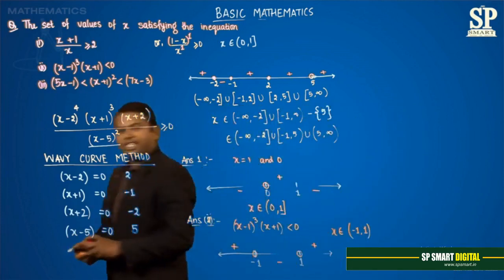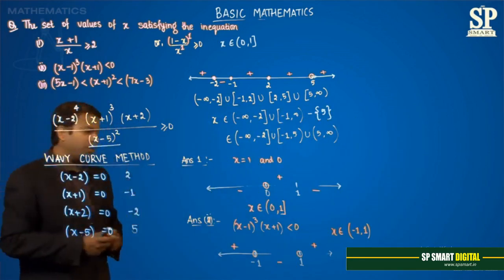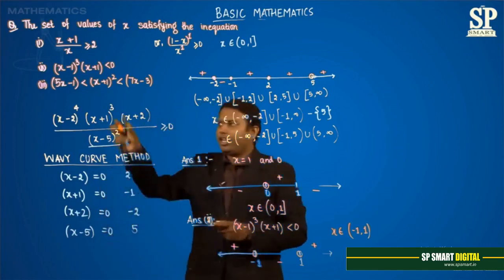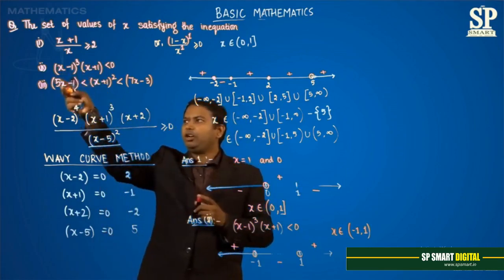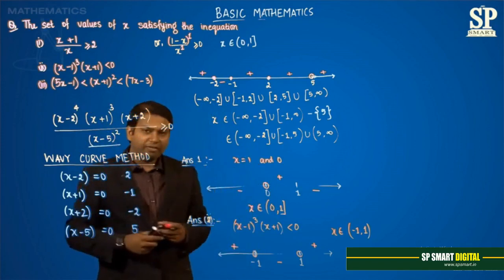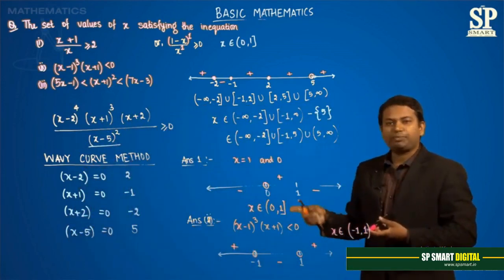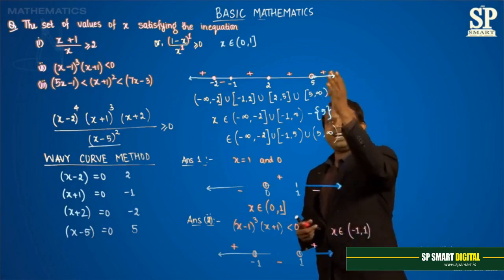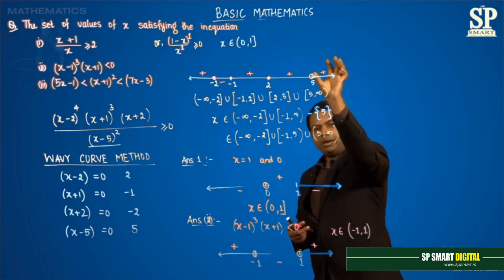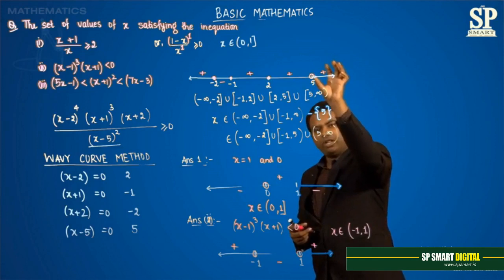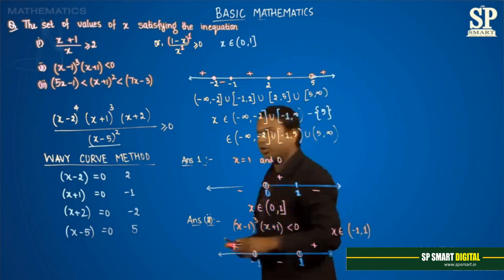Now here there is another interesting point to be noted. If you look at this expression or any expression, if the coefficient of the highest power of x is positive, the first interval that is present on the right hand side on the number line is always going to be positive.